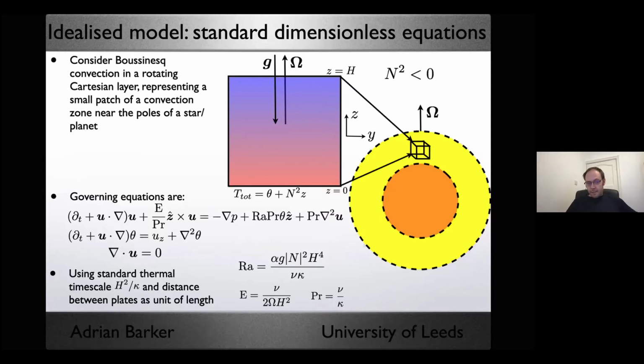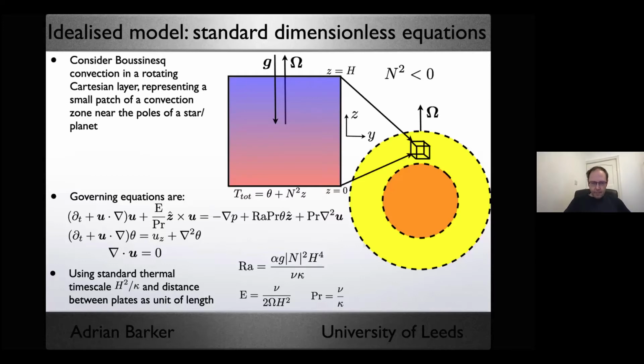So the conduction profile here is this linear profile in z, and theta I've referred to as the temperature perturbation about the conduction state. It's known from linear theory that this is unstable above a critical temperature difference, depending on the properties of the fluid. So above a critical Rayleigh number. The Rayleigh number is this dimensionless parameter Ra at the bottom of the slide.